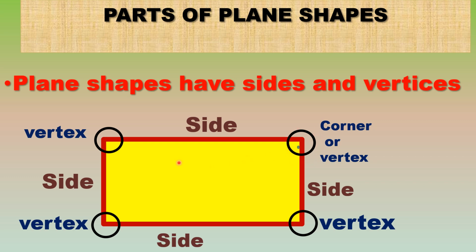See, in this figure, it has four sides: 1, 2, 3, 4, and four corners: 1, 2, 3, 4. The other name of side is edge. The other name of corner is vertex. The plural of vertex is vertices.